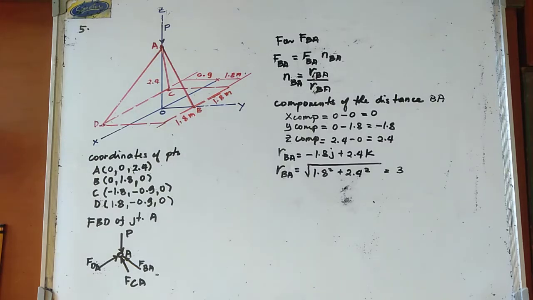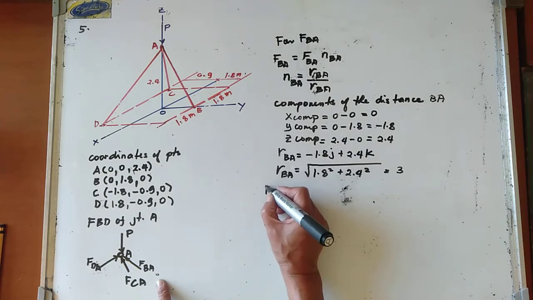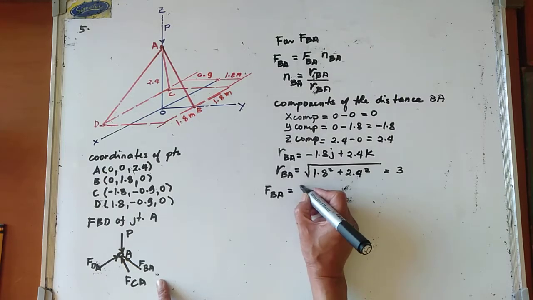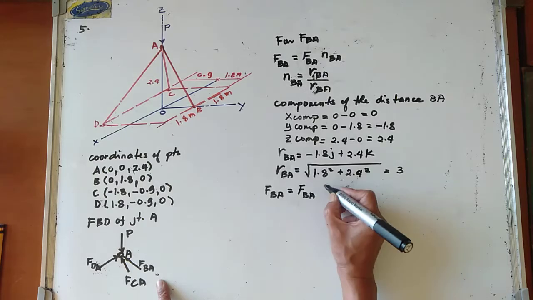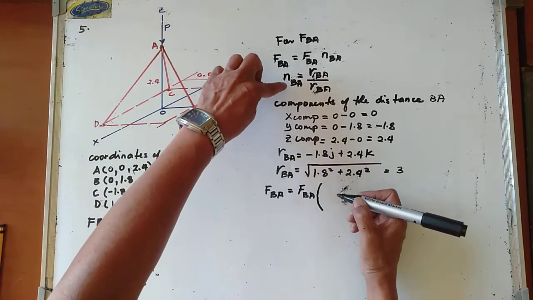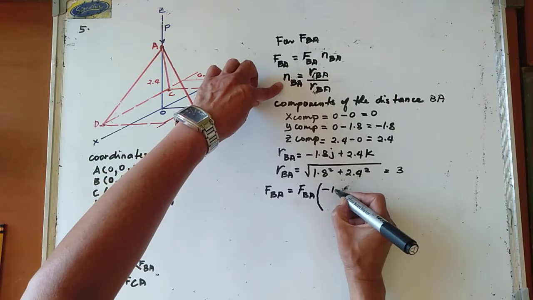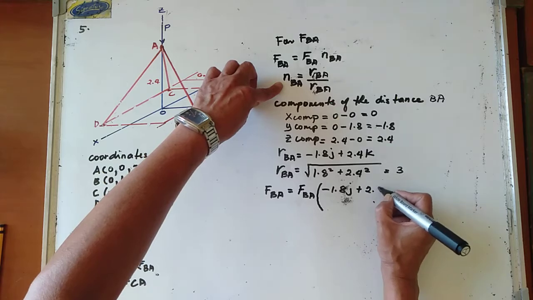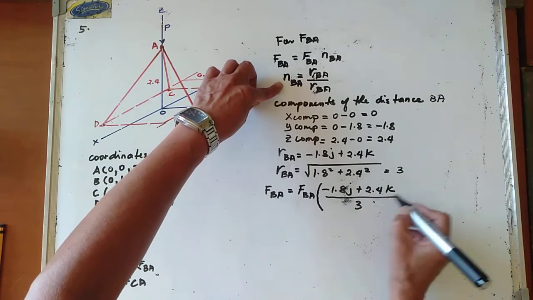So let us try to express FBA in Cartesian vector form. It is equal to the magnitude of this force, multiplied by the unit vector BA, that is negative 1.8j plus 2.4k all over 3.